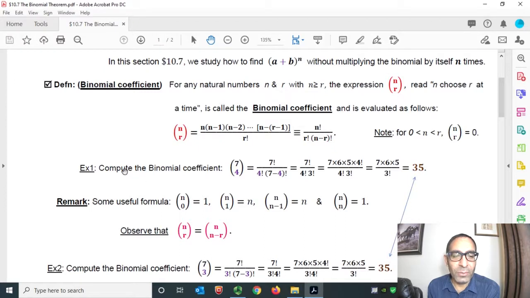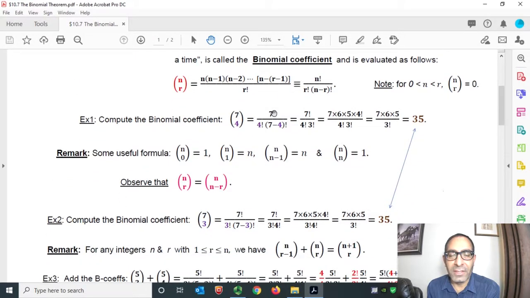Let's do a quick example 1. Compute the binomial coefficient 7 choose 4 at a time. So by this formula, in the solution, 7 choose 4 equals, here n is 7, r is 4, 7 factorial over 4 factorial times 7 minus 4 factorial.